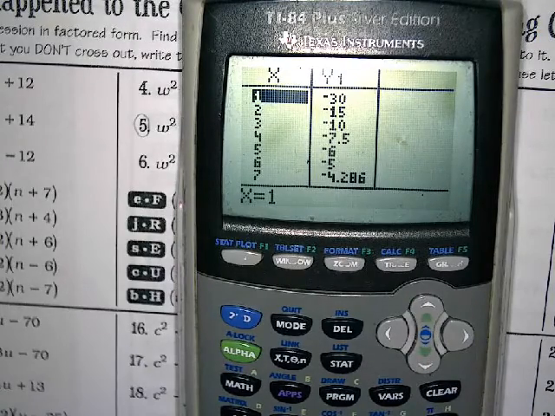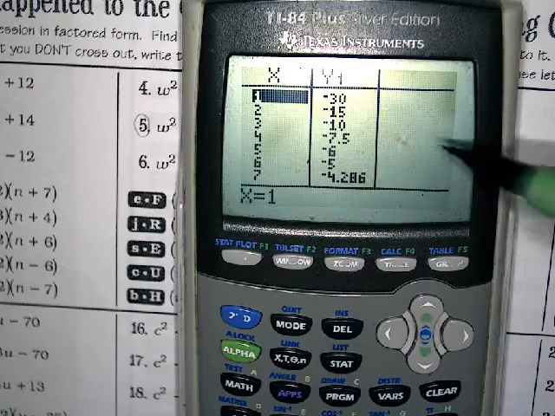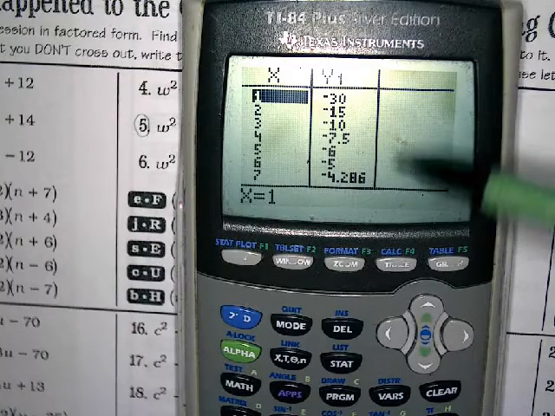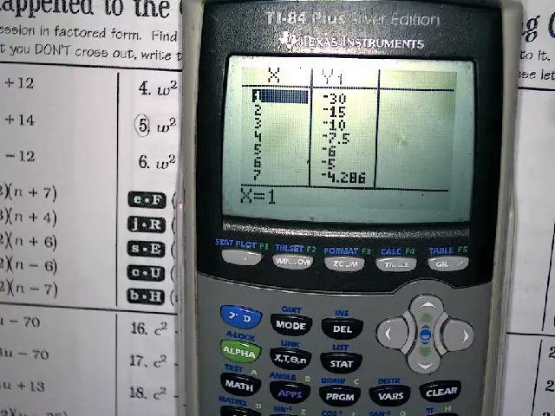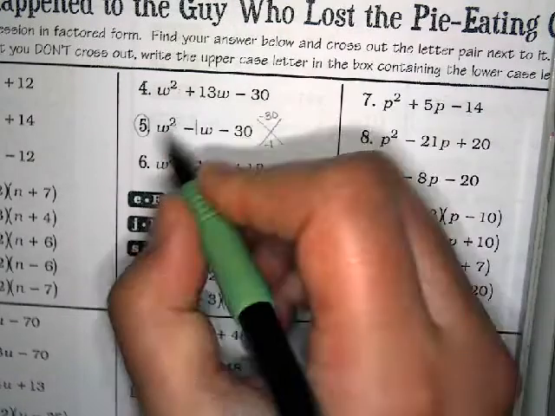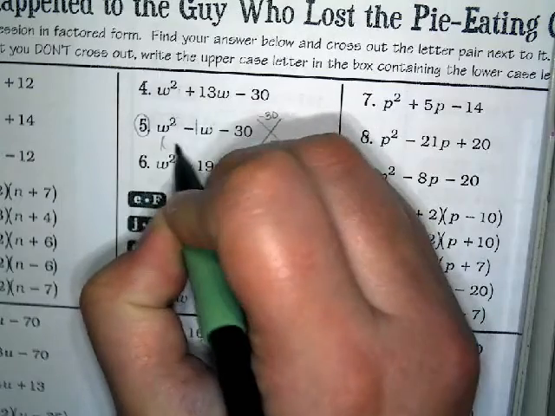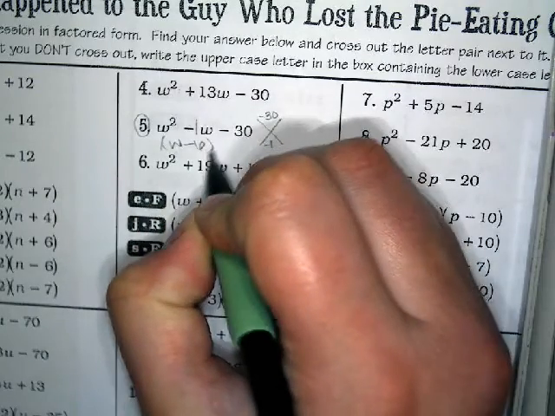Every single pair multiplies to negative 30, so that part is already taken care of. We just have to find the one that actually adds to negative 1. Anybody see it? Negative 6 and 5? So this would be w minus 6 and w plus 5.